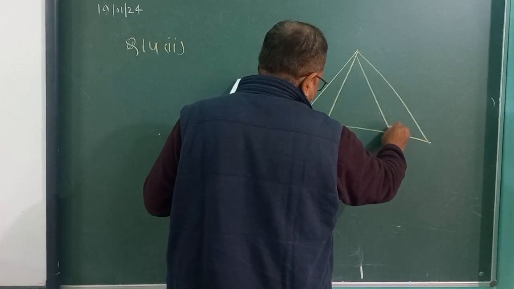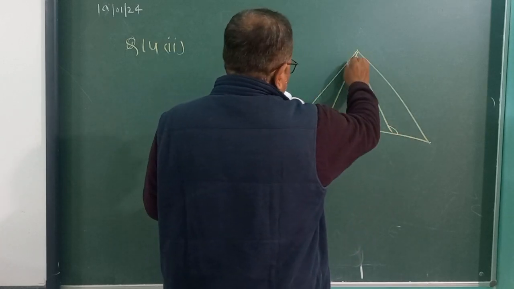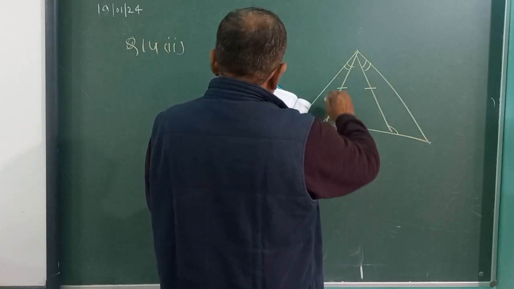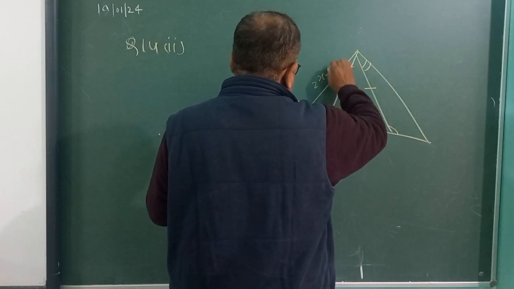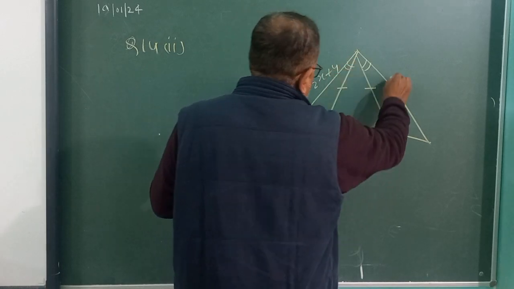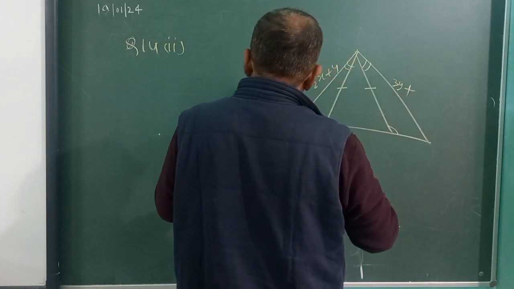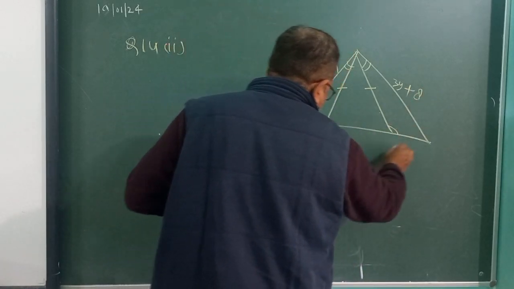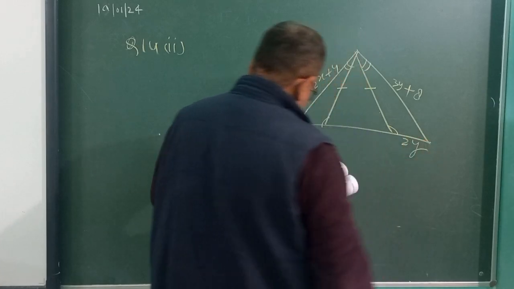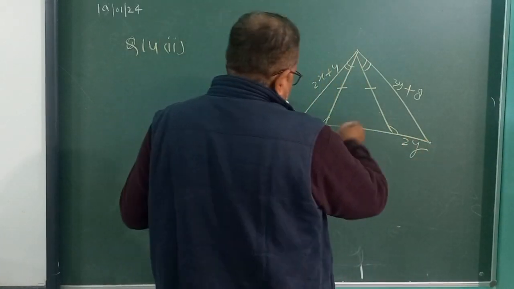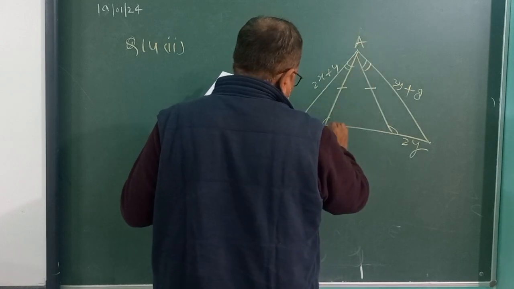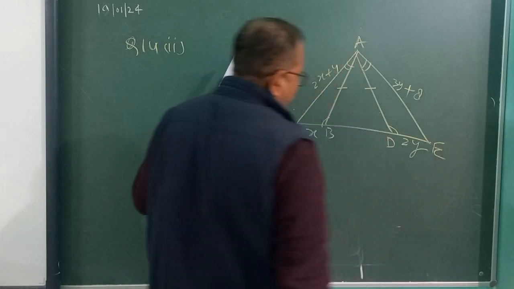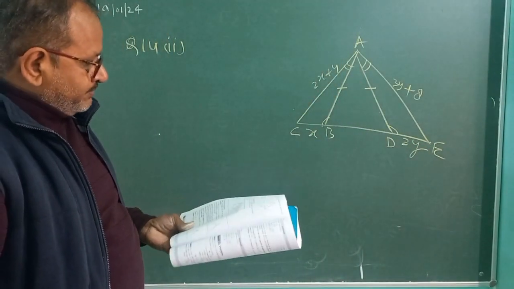These two angles are given equal, and these two sides are given equal. It is 2x plus 4, 3y plus 8. This part is x, this one is 2y. Name the triangle ABCDE. The name is not given, so give the name.